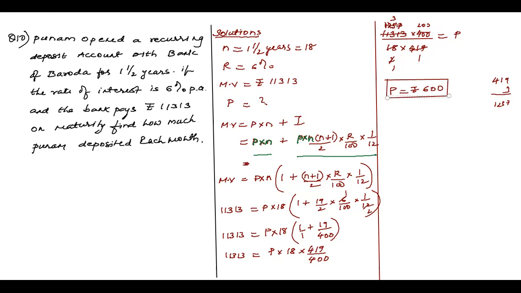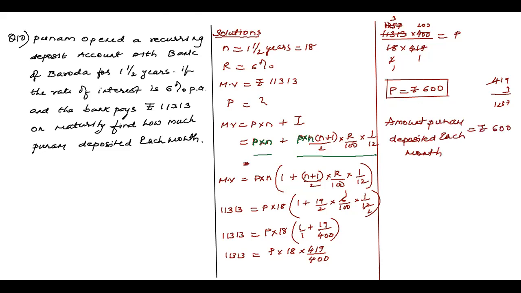You can call this the amount Poonam deposited each month, equal to rupees 600.